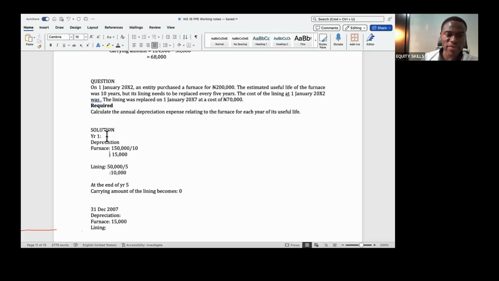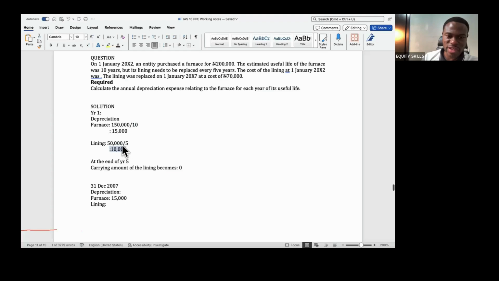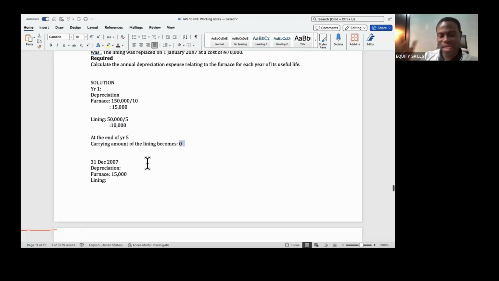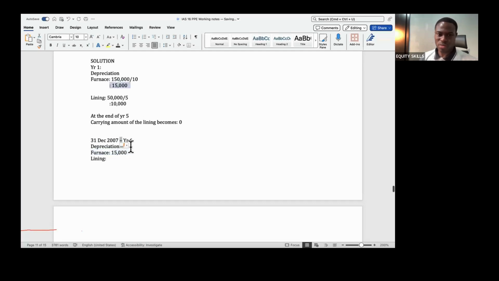So for the furnace it is 15,000 per annum for the next 10 years. For the lining, 10,000 for the next 5 years. So after 5 years, the carrying amount of the lining becomes zero. So lining is starting over again. But furnace in the 6th year, because it's like year 6, this furnace is still 15,000 per annum every year.